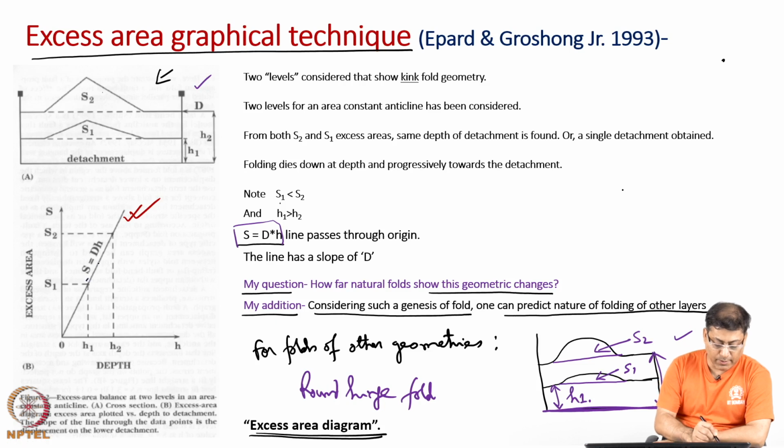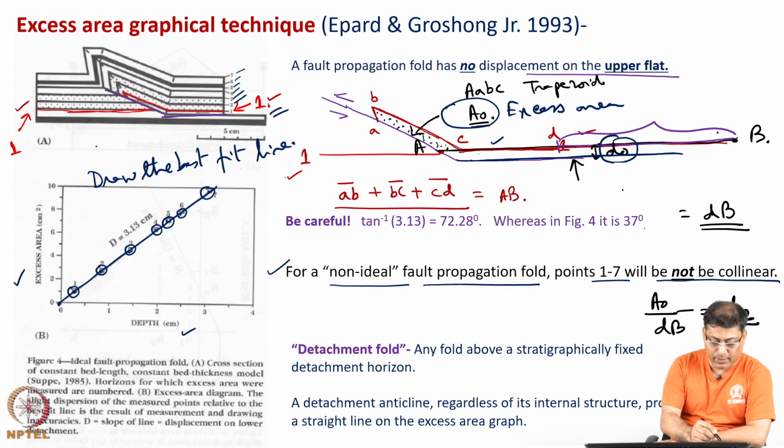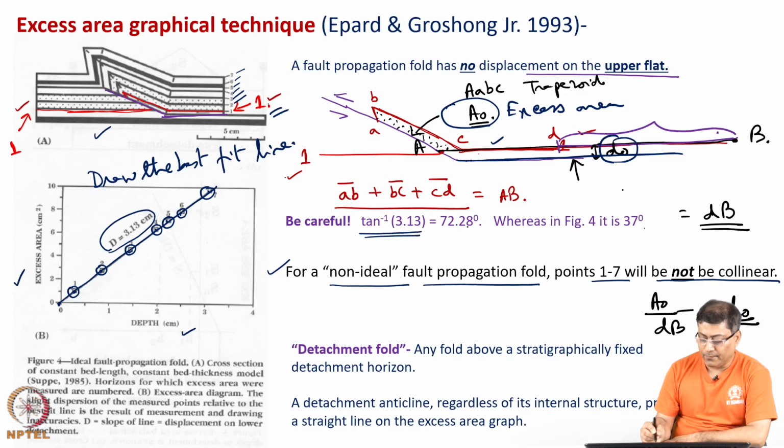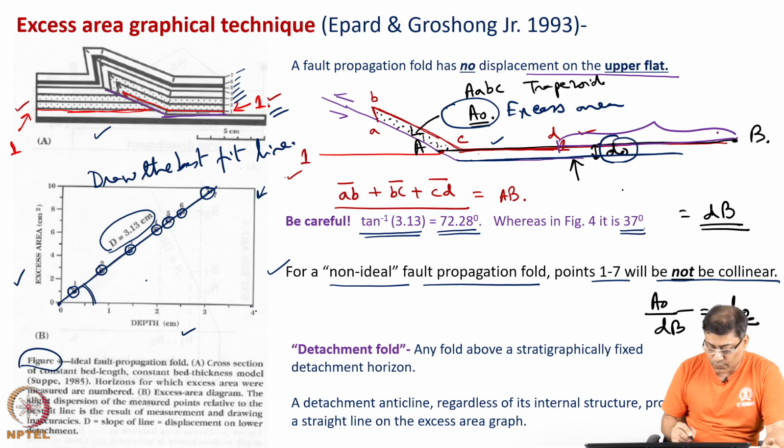I have already explained to you that from the line S equal to dH, the slope is given by d. Remember that and come back here. In this particular drawing case, d comes out to be 3.13 centimeter, but I want to alert you, tan inverse 3.13 is 72.28 degrees, whereas this particular angle in this diagram is only 37 degrees in figure 4. So, there is a problem with the diagram, maybe this is not to scale.